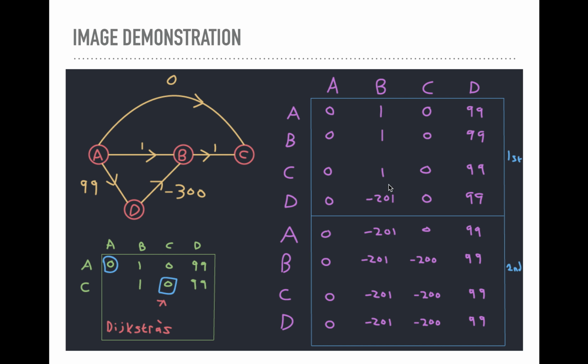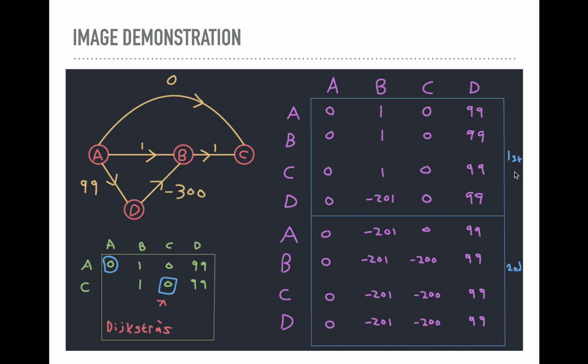That's a lot better than 1. It's a shorter path. So we're going to replace 1 with negative 201. And then D is not reaching C, and I guess you could say it reaches itself, but it doesn't change anything. So 0 and 99 are still there.